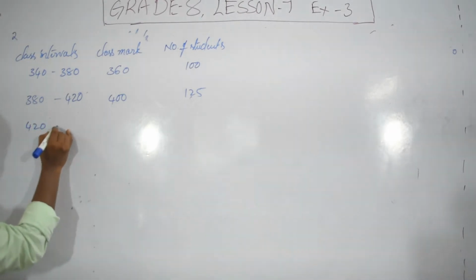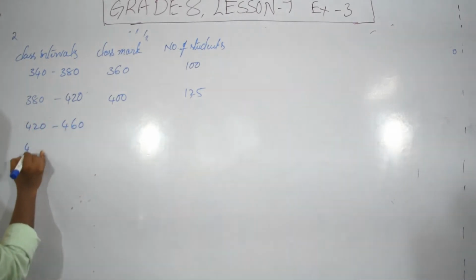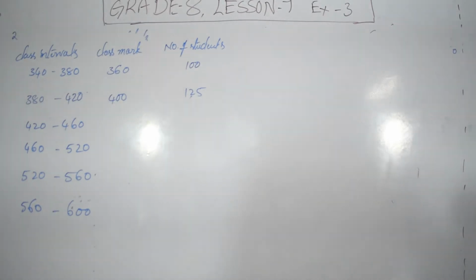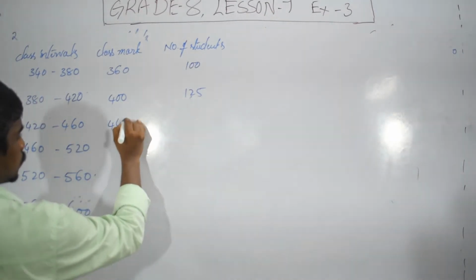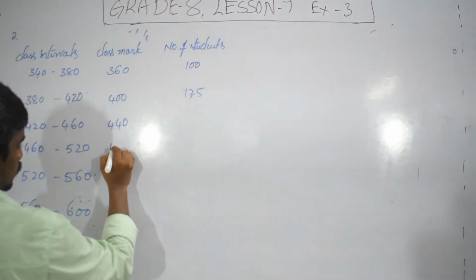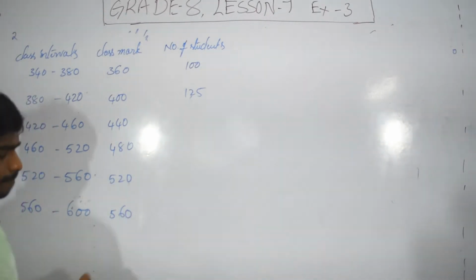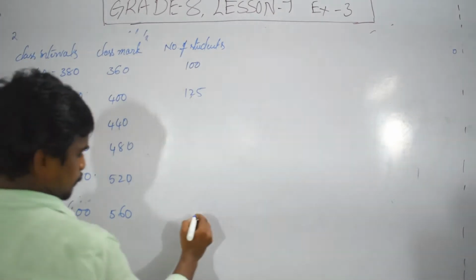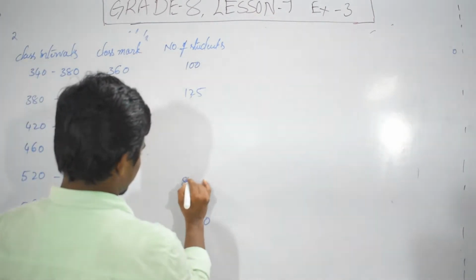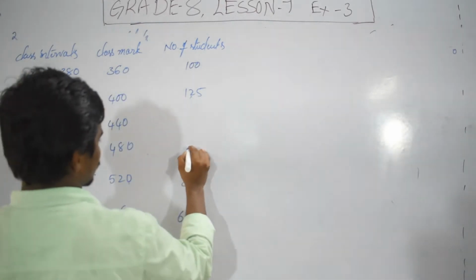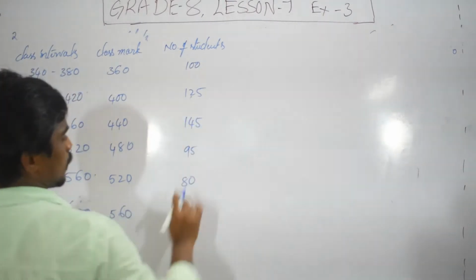Then 460, 460 to 500, class mark 480. Here 440, 480, 520, 560, then 60, 80, 95, 145.